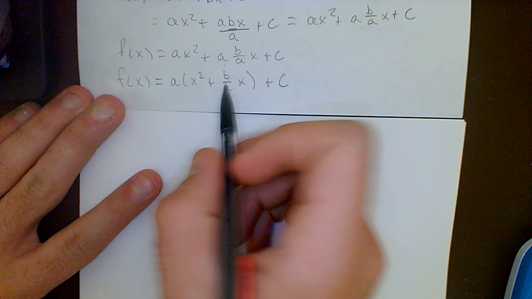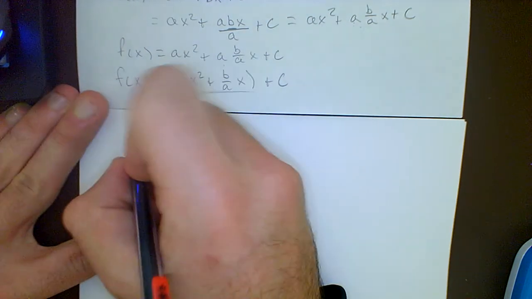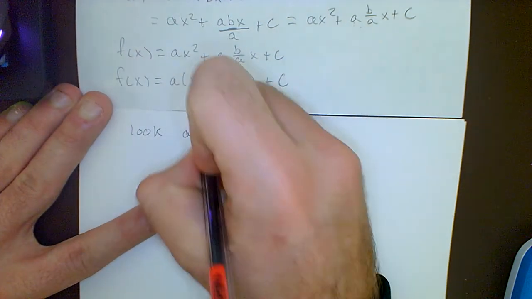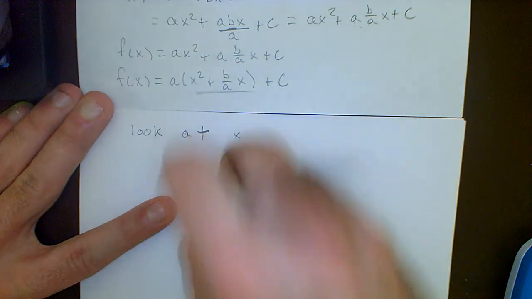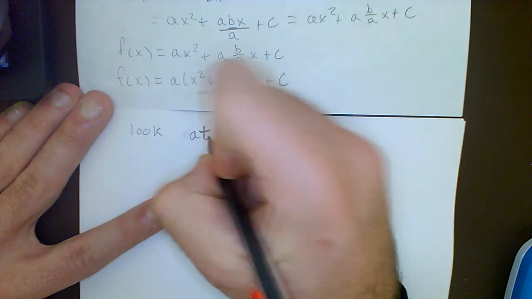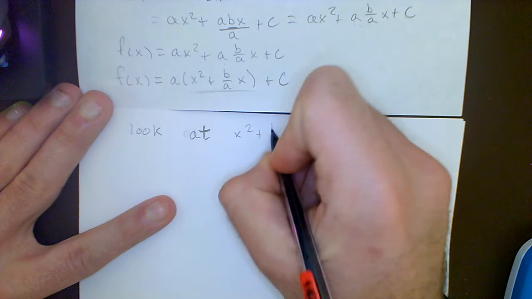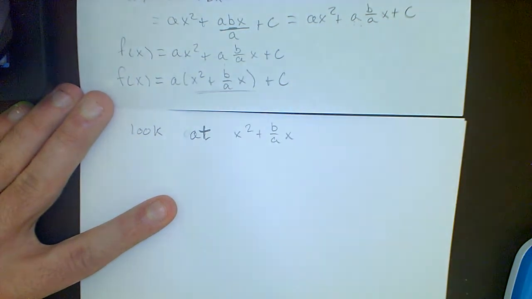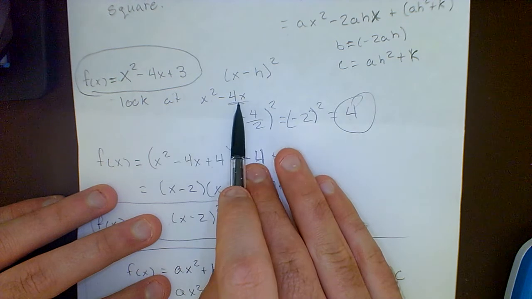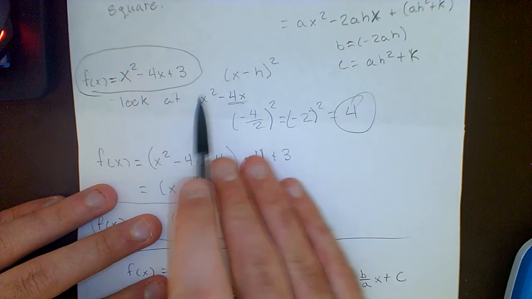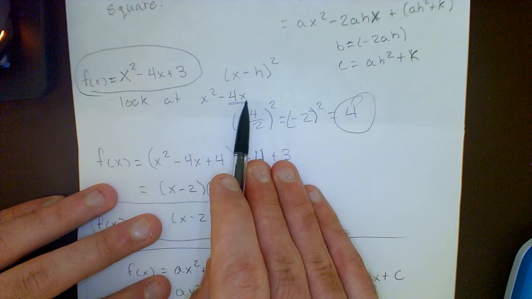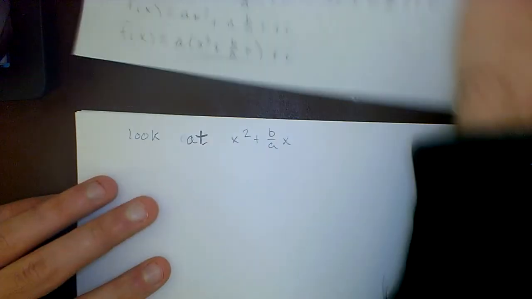So again, we want to look at this term here, x squared plus b over a x. Just like in our example before, we looked at x squared minus 4x, we're now looking at x squared minus 4 over 1 x, because a is 1.